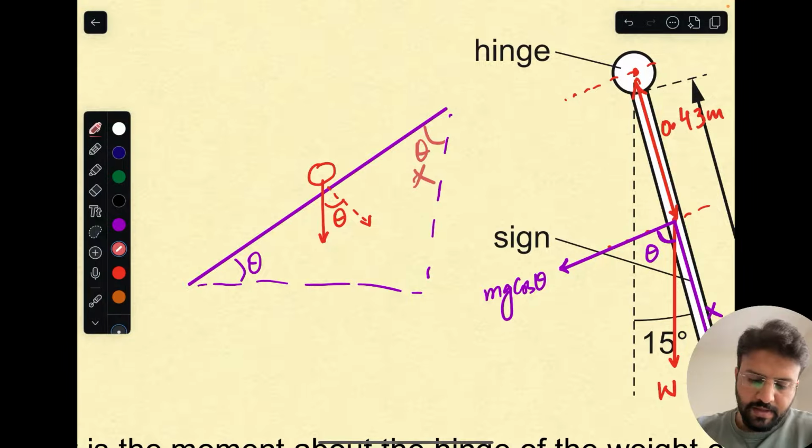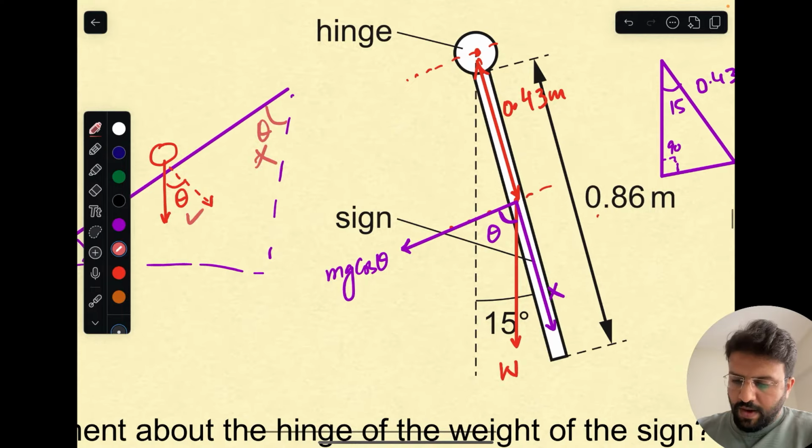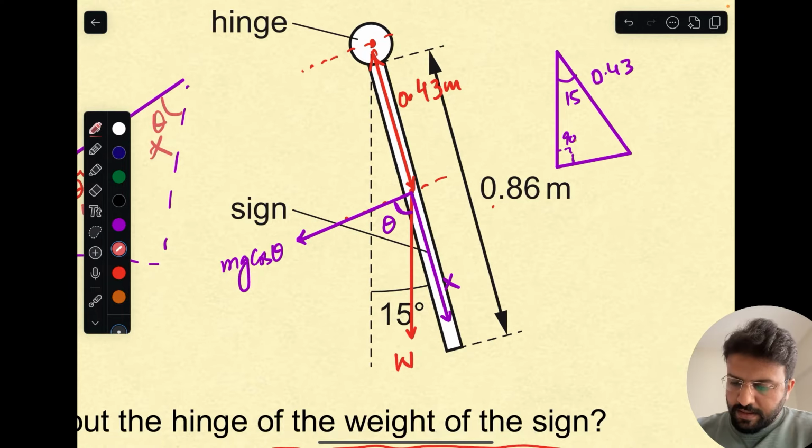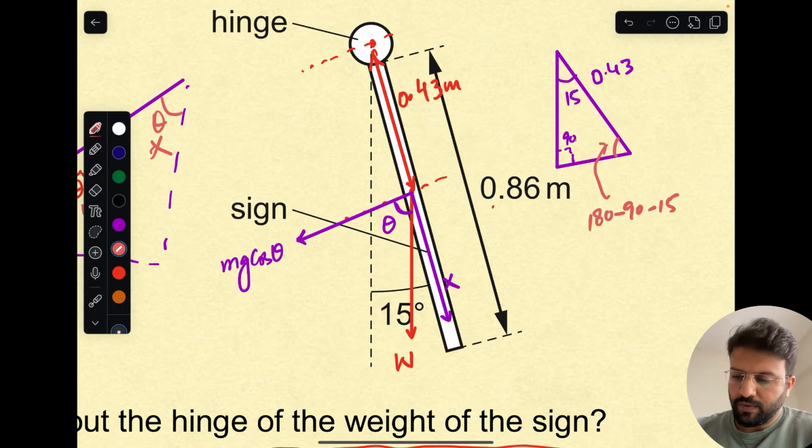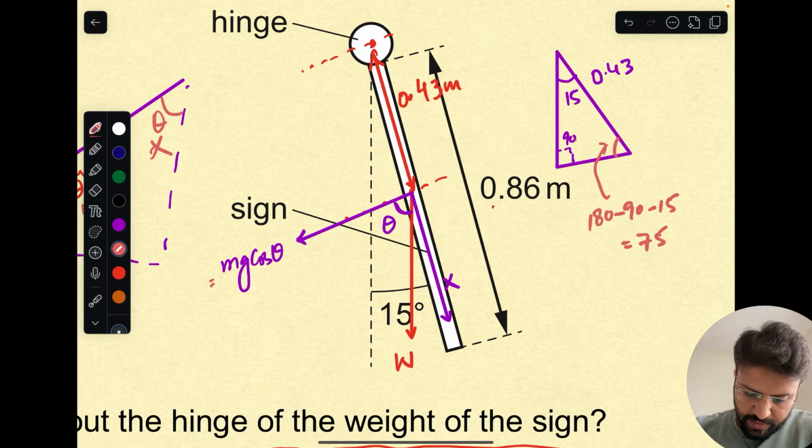This is not the case. This angle and this angle will be the same angles. So you have to find this. This is 15, this is 90, so this angle will be 180 minus 90 minus 15, and that will give you 75 degrees.